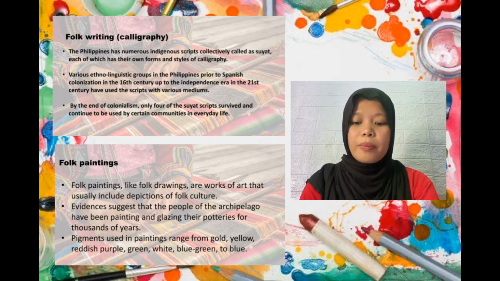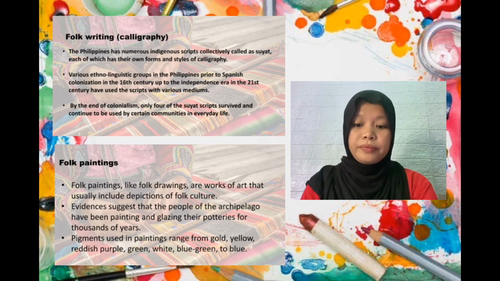They used them for communication and wrote on different materials. However, by the end of colonialism only four suyat scripts survived. They are still used today by some communities as part of their daily life.